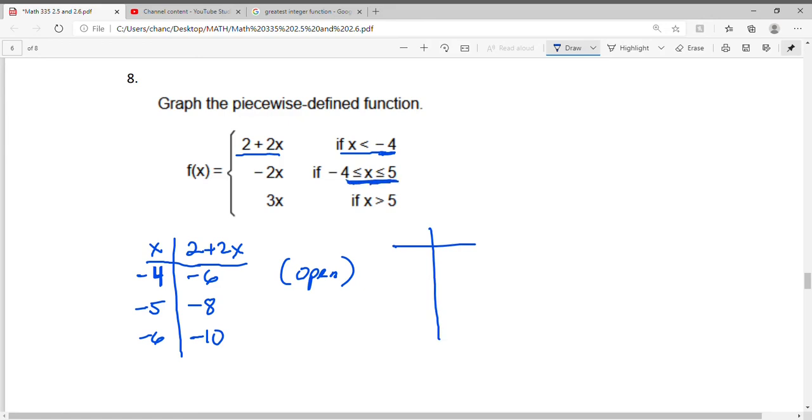I want to pick values of x that are between negative 4 and 5, and these are going to be included. So these will not be holes. We'll use negative 4, 0, and 5, and I'm plugging it into negative 2x. Let's plug these values into negative 2x. We should get positive 8, 0, and negative 10.